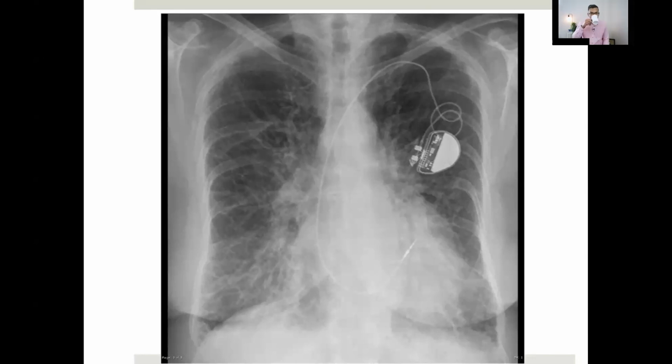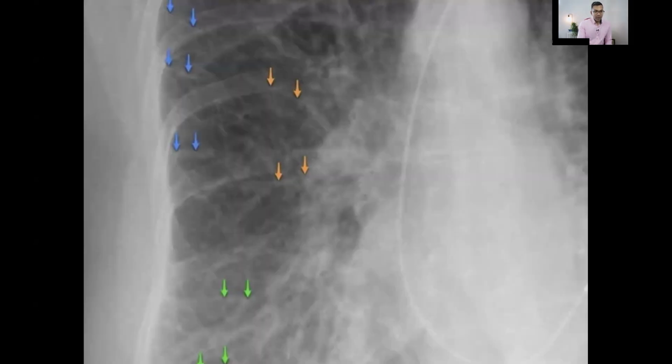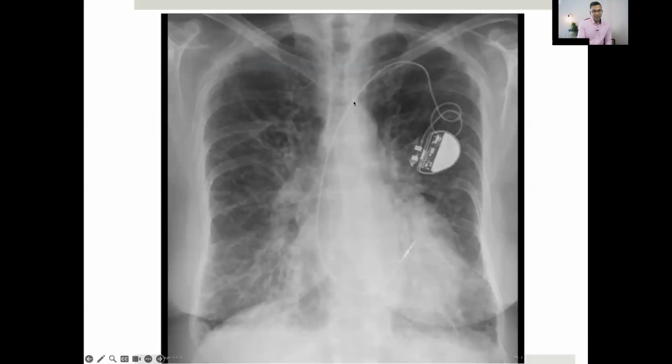Yeah. So I think the most obvious abnormality for this is the increased lung markings, perihilar. And if I can convince myself there are some curly B lines as well, looks to be some pulmonary edema. Also note that the patient has a pacemaker, and it looks to be single lead. Yeah, good. So you're absolutely right. These horizontal, it's all lucency, really, isn't it?